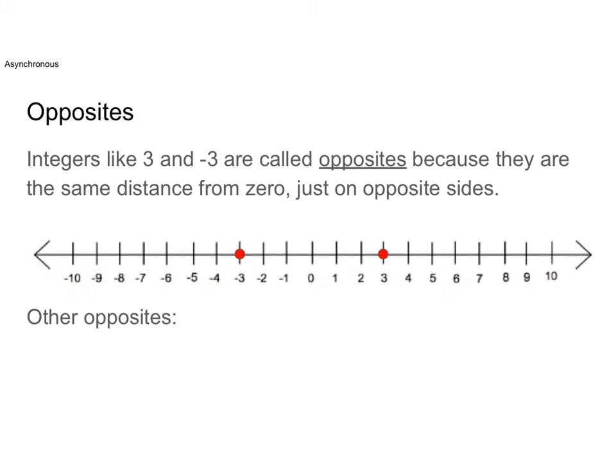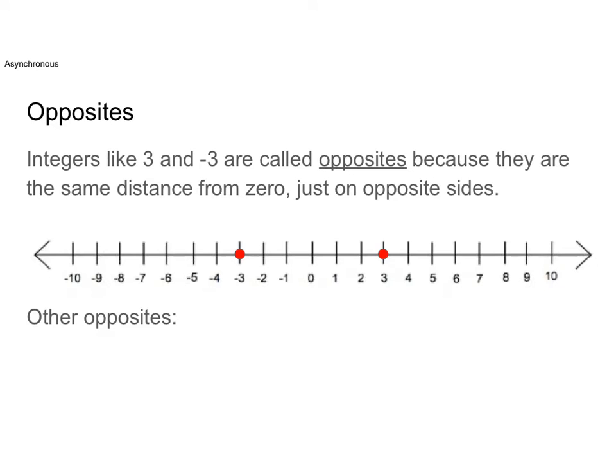So let's talk about opposites. This is a definition, so you might want to put it in a different color. Integers like 3 and -3 are called opposites because they are the same distance from 0, just on opposite sides. If we look here, you see -3 and +3.